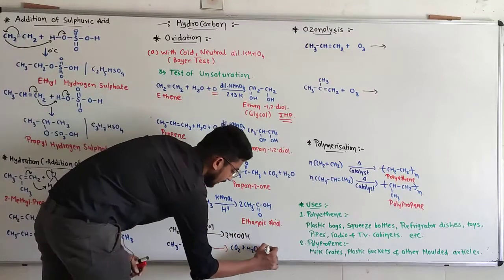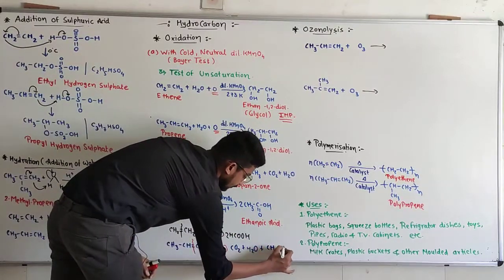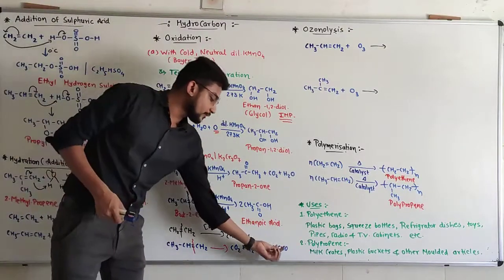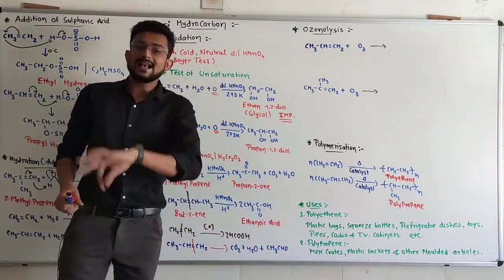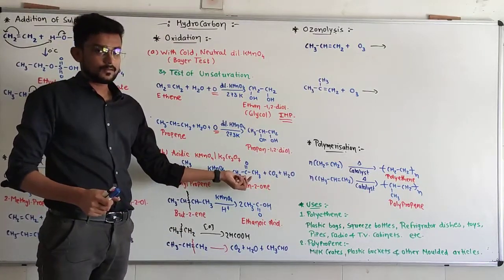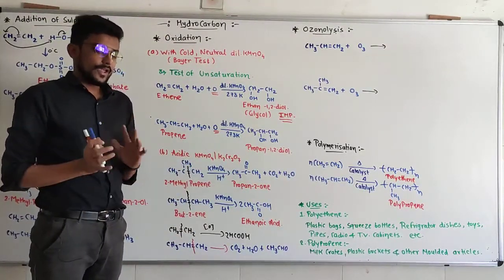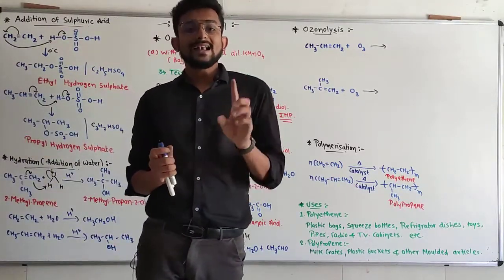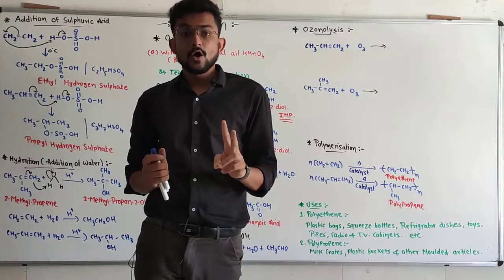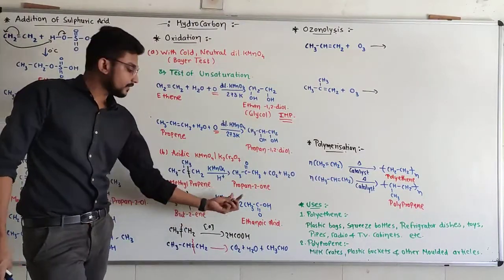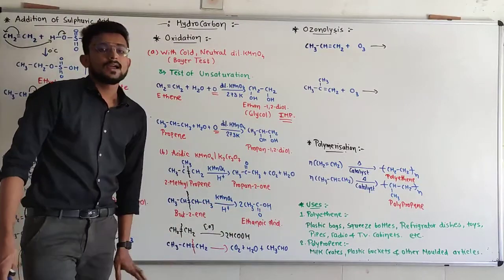We get a double bonded oxygen, so it will be converted into CHO. Carbon double bond oxygen on the first carbon is called an aldehyde, and carbon double bond oxygen on the middle carbon is a ketone. So if we have an asymmetrical compound, then we get an aldehyde or ketone. Or if we have a symmetrical compound, we will get a carboxylic acid.